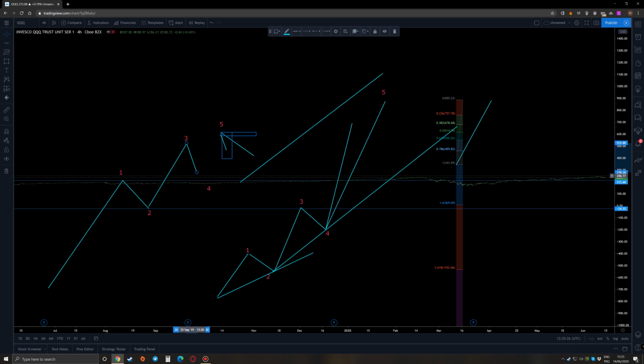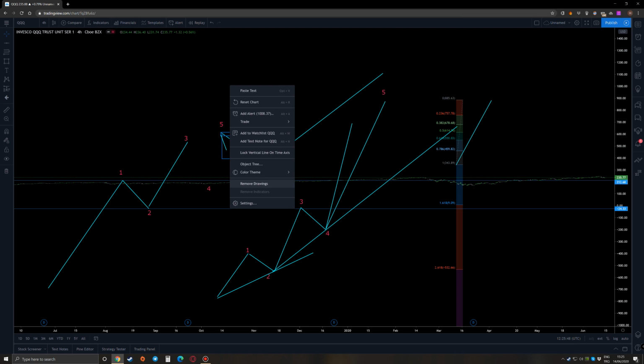Now these are very important rules for understanding just the basics of impulsive moves. Now let's talk a little bit about corrective waves.